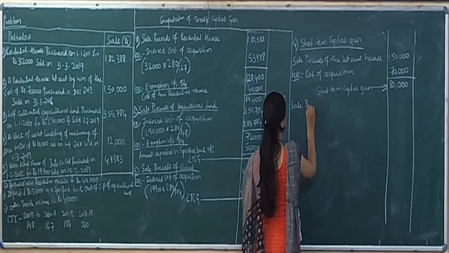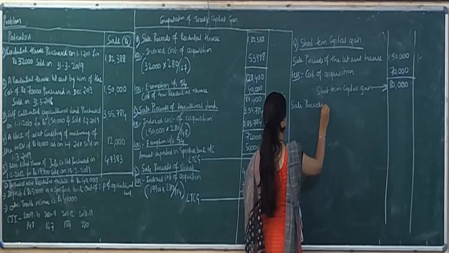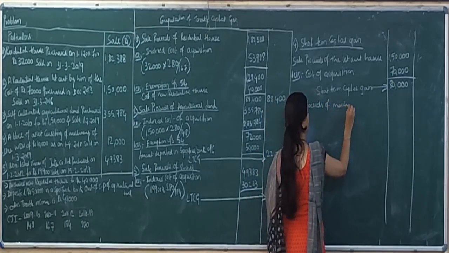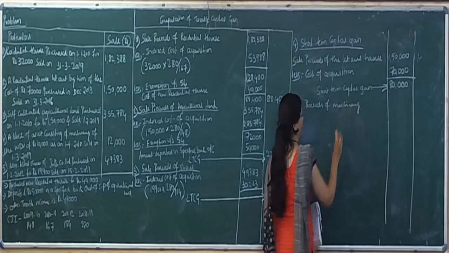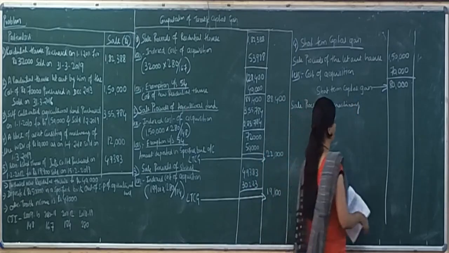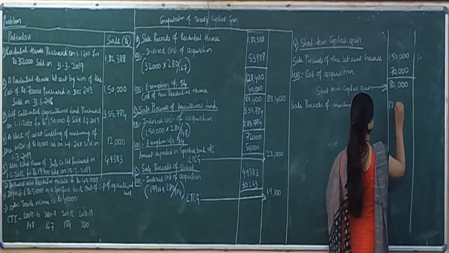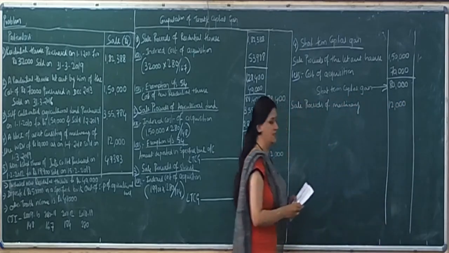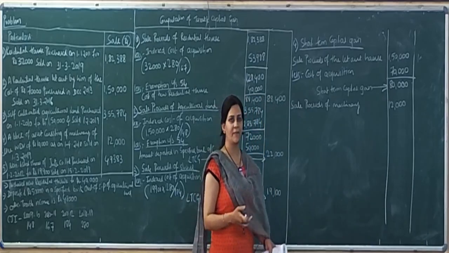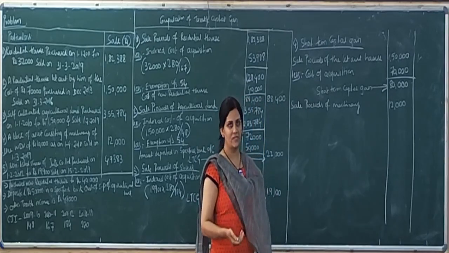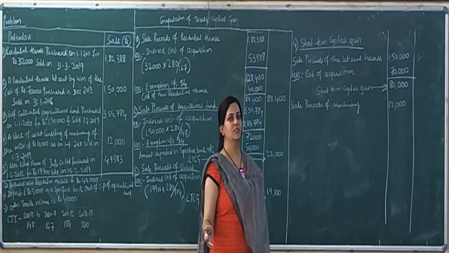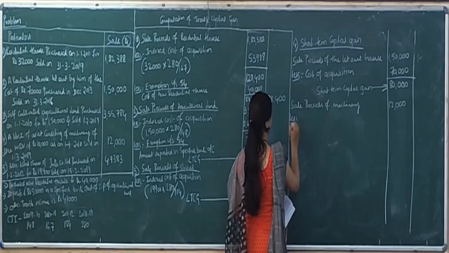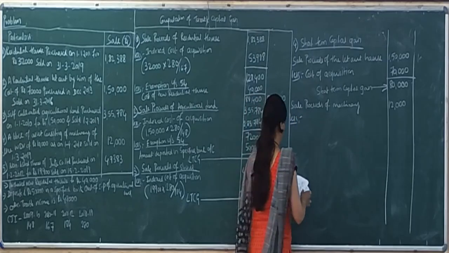Okay, so here we can write sale proceeds of machine. That is 12,000. Then deduct, as we know it is short-term capital asset, we don't have to do the indexing for this. Directly we can deduct the written down value of the asset.